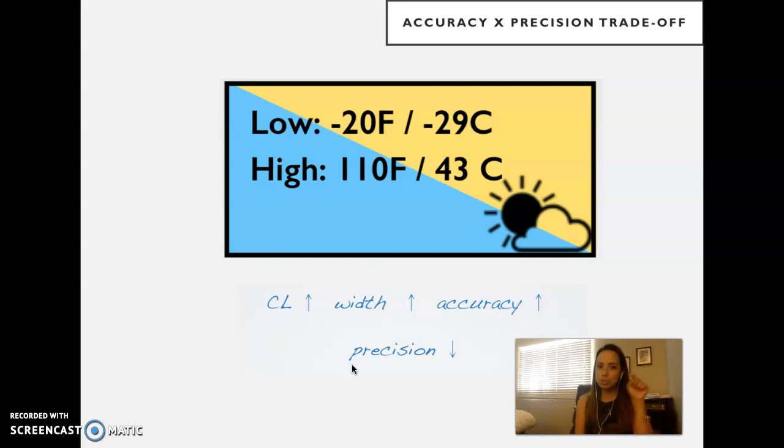The likelihood of the true temperature being between these two extremes is pretty much 100%. But we're losing precision. We basically don't know what to do. Which clothes are you going to put on? So it's not very useful if your margin of error is so large that you can barely make the decision that you need to make with that estimate, right?